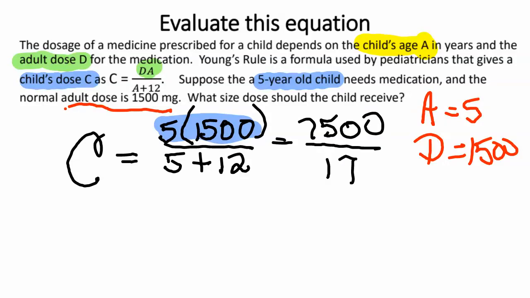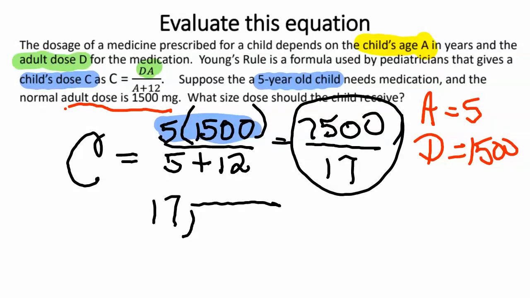Now, unfortunately, it says, what size dose does the child receive? Okay, you see this little problem? It means that you're dividing 17 into 7,500. Now, you are going to get, in this case, a mixed number.